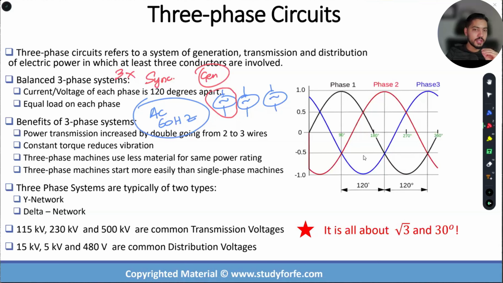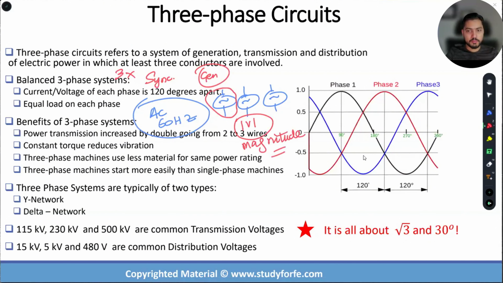Now, there are some conditions that we are going to superimpose on top of each of these three single-phase systems. Condition number 1, that the magnitude of voltage that is being generated by each and every one of these single-phase generators will be identical, the magnitude.